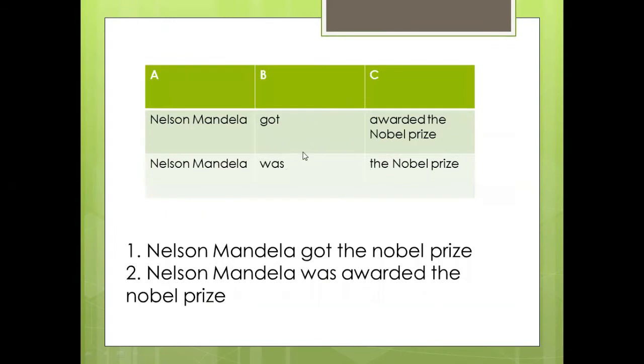So as our column B contains the verb was, you have to find out which fractions of column C contains past participle form of verb, that is awarded the Nobel Prize. So Nelson Mandela got the Nobel Prize and Nelson Mandela was awarded the Nobel Prize.